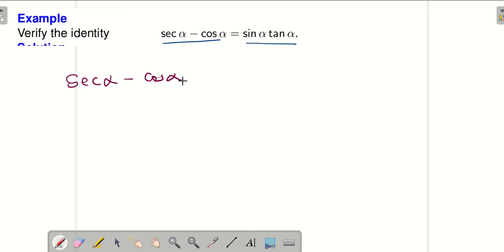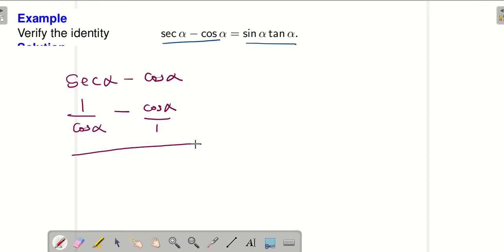We have to show that it is equal to sine alpha tan alpha. Now we know that sec A is the same as 1 over cos A. You have to learn the identities very well. Then minus cos alpha, we don't do anything to it, but it is over 1.